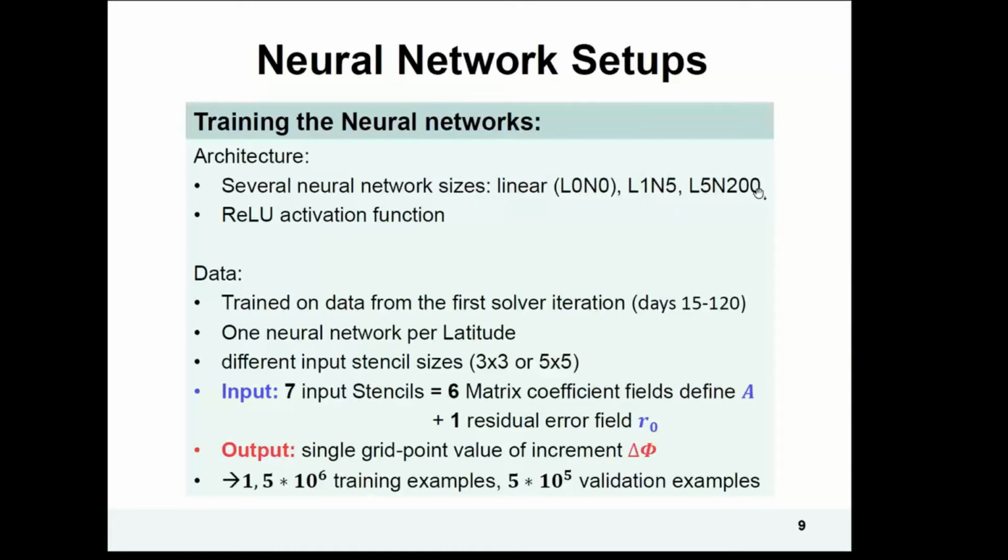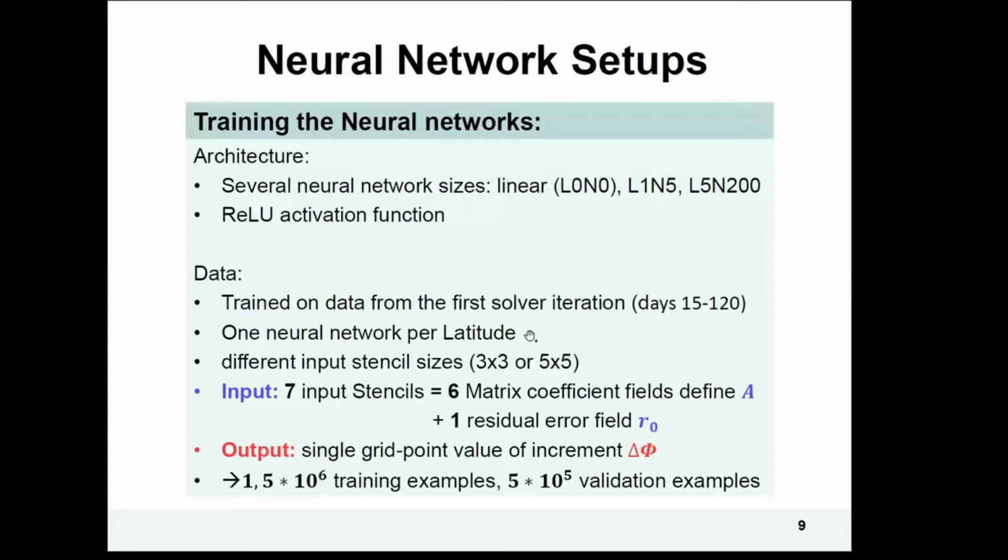And the third one being 5 hidden layers and 200 neurons in each layer. The activation function is simply ReLU. And these are trained on the first solver iteration for days 15 to 120.